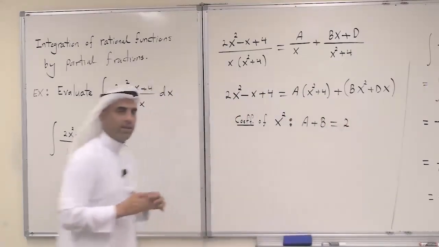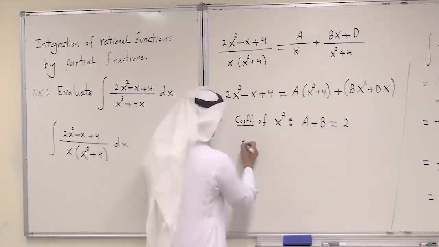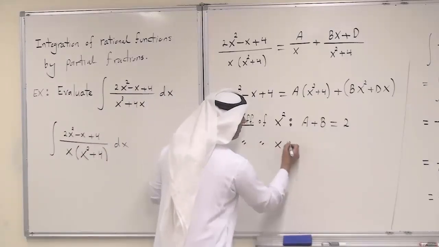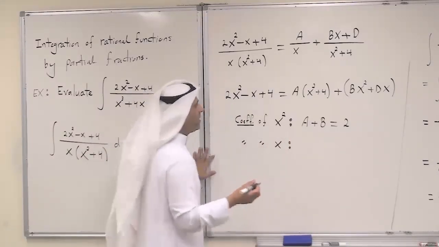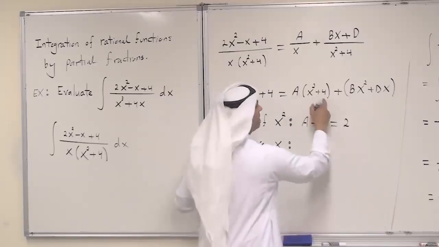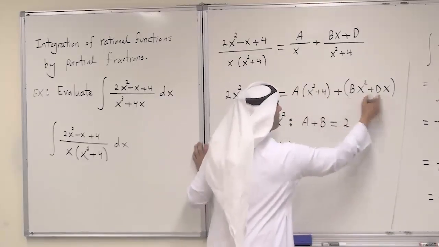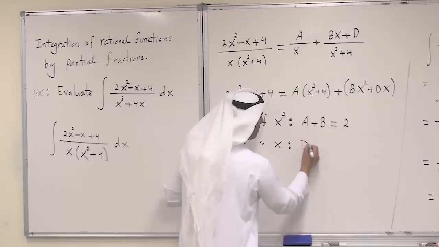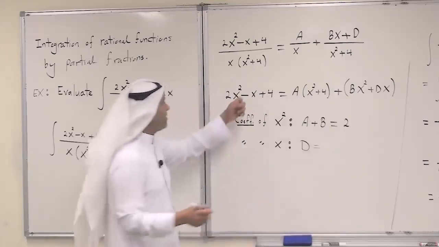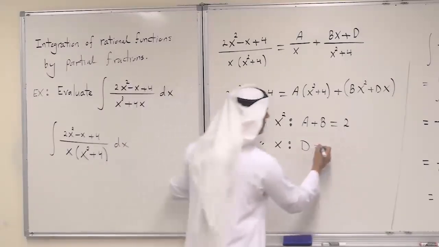That's one thing. Now let's go to the coefficient of x. This has nothing to do with x, right? Here, x squared. So the only coefficient of x is D, and the coefficient of x on the left is minus 1. So D is equal to minus 1.